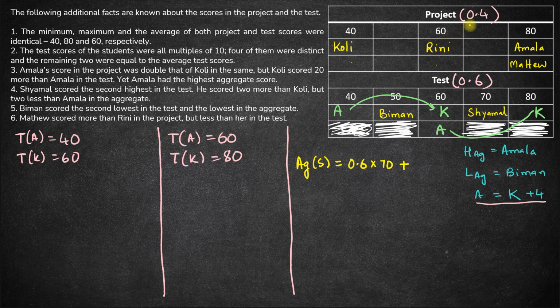From project his minimum score is 40. So let's calculate the minimum possible aggregate of Shyamal. So this becomes 0.4 into 40. We have 0.6 into 70 is 42 plus 0.4 into 40 is 16. So 42 plus 16 is 58.